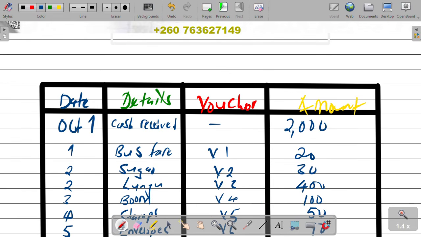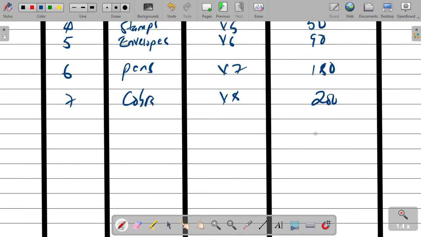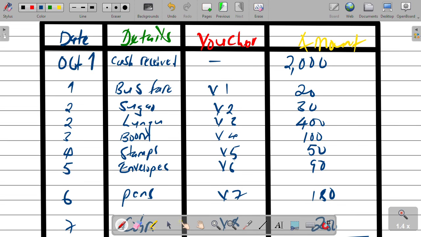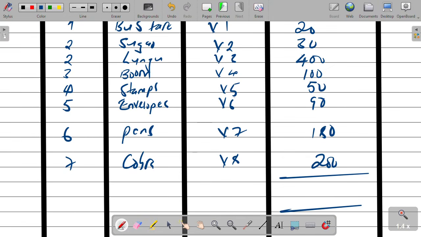So what is the total of our expenses when we add everything? The total of the money spent is 1,070 kwacha.